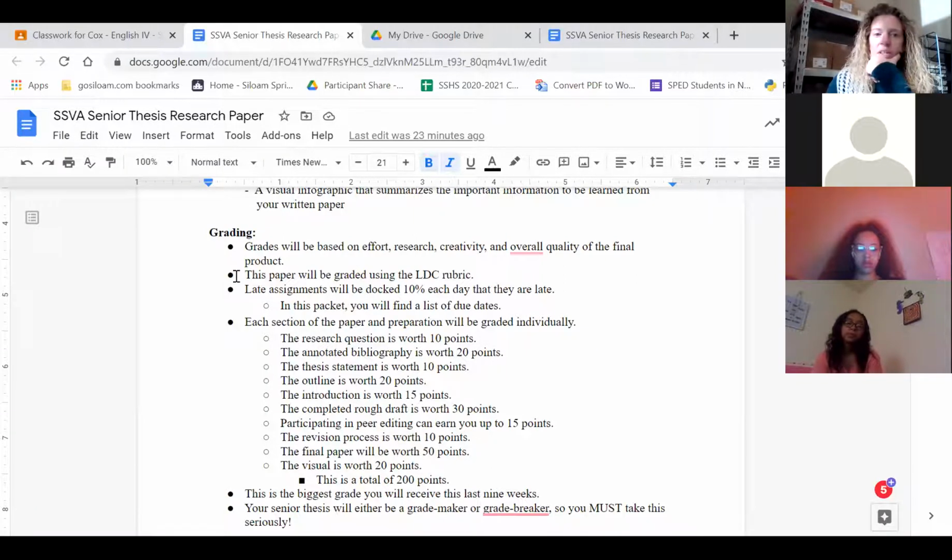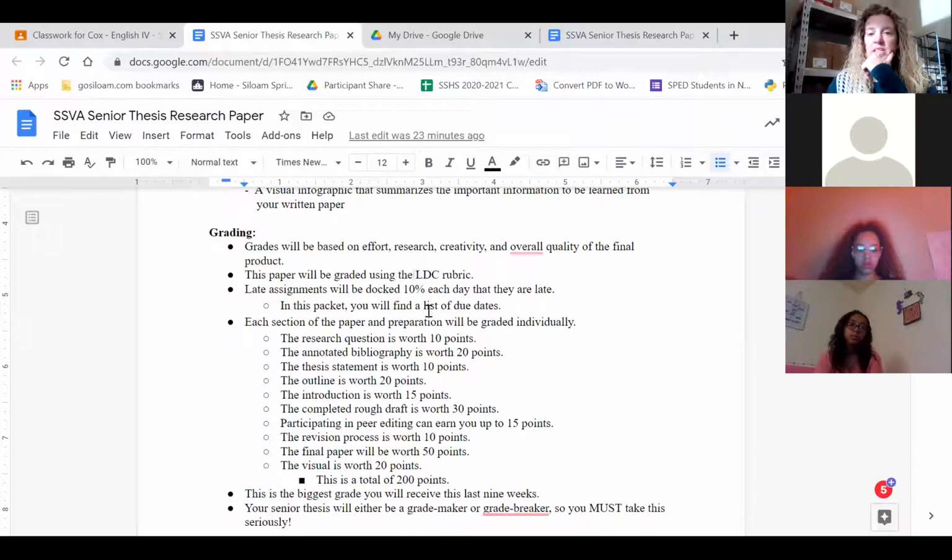So this paper will be graded using the LDC rubric, which you should be familiar with because you did your cookie rubric at the beginning of the year. This is what you did it on. So you should know what the LDC rubric is, and how to read it and what it's graded on. Late assignments will be docked 10% each day that they are late. All right.